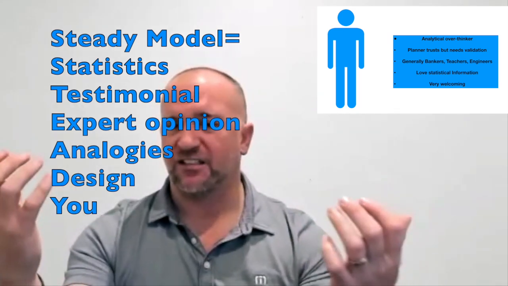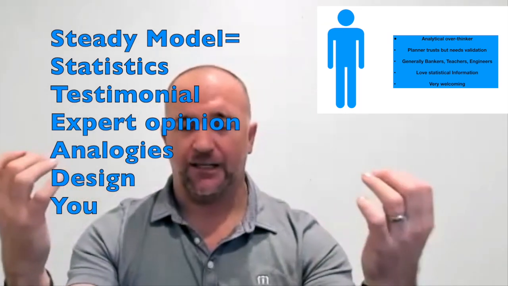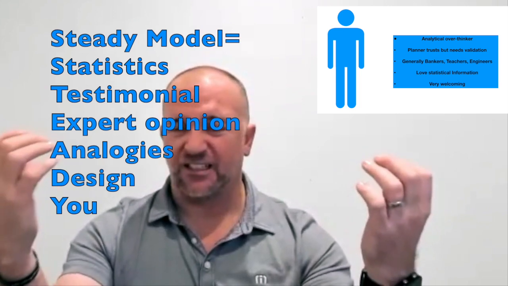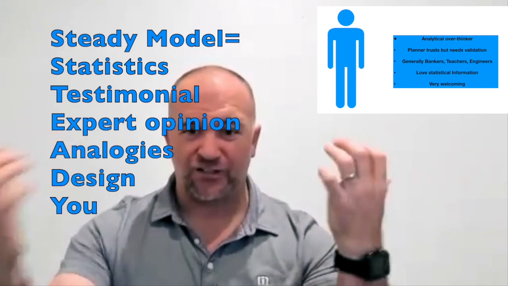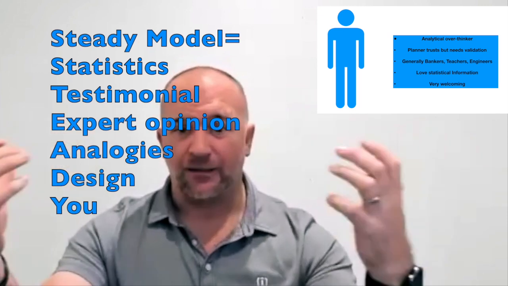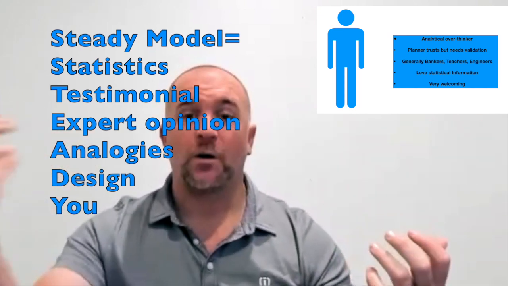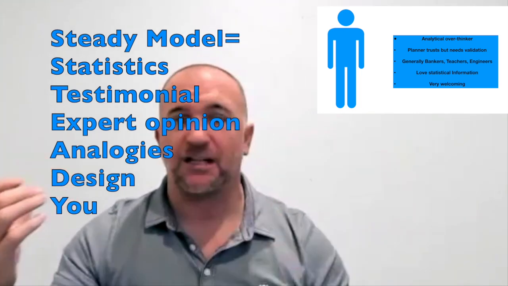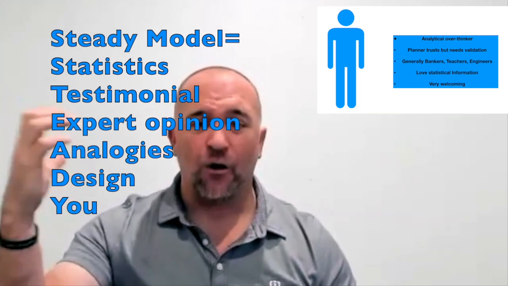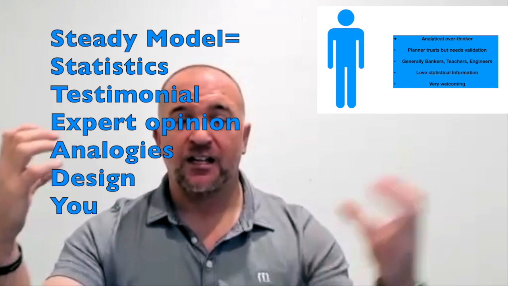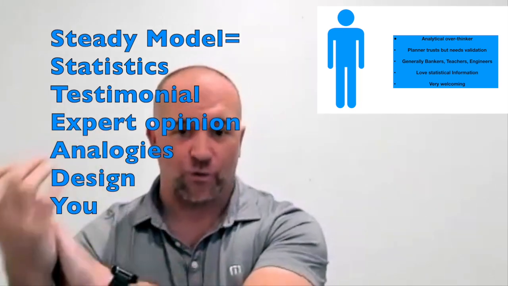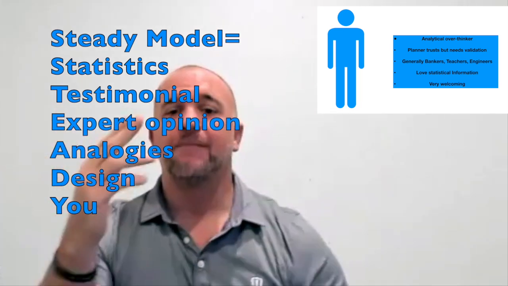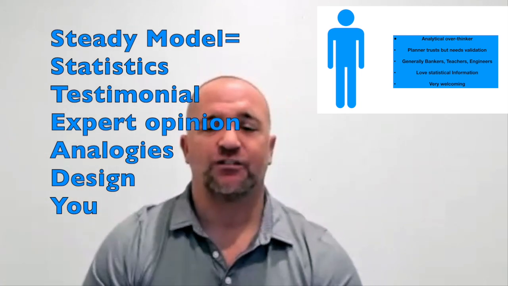The other says 4 out of 4 dentists recommend it, and it's about $4. Which one am I going to buy? Generally the one that says 4 out of 4 dentists recommend it, because I know that's safe to put in my mouth. So that expert opinion influenced my decision and made me spend more money. Expert opinion is one of those things we want to use.